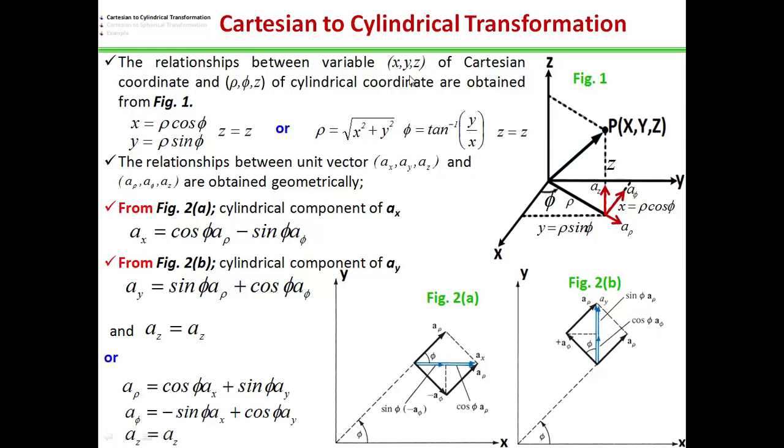So firstly we will find the relation between variables x, y, z and variables rho, phi and z. x, y, z are the variables of the Cartesian coordinate system and rho, phi, z are the variables in the cylindrical coordinate system. So from figure 1 we can write x is equal to rho cos phi, y is equal to rho sin phi, and z is equal to z.